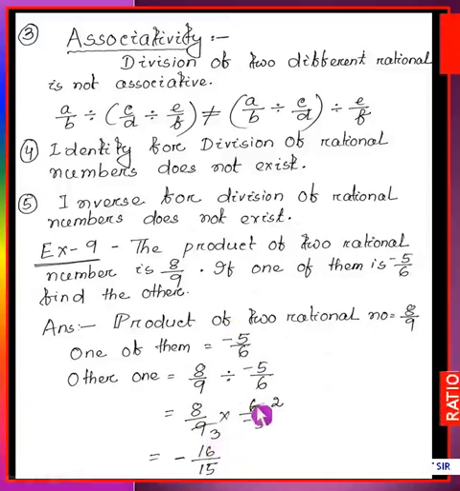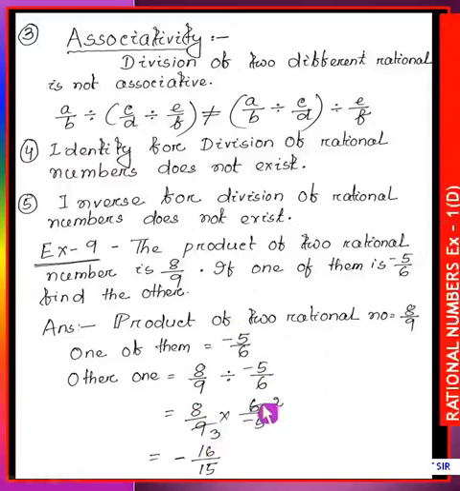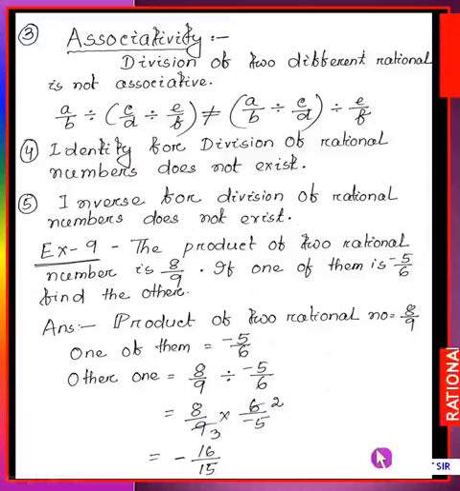Now reduce: 3 2 is 6, 3 3 is 9. Again not possible to reduce. 8 2 is 16. Plus into plus by minus equals minus. So 8 2 is 16, minus 16 divided by 5 3 is 15.